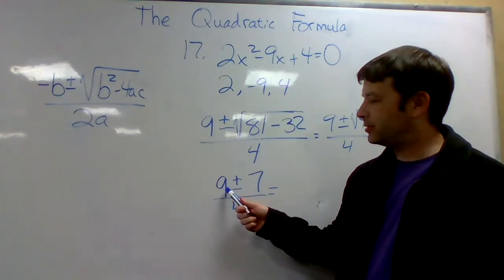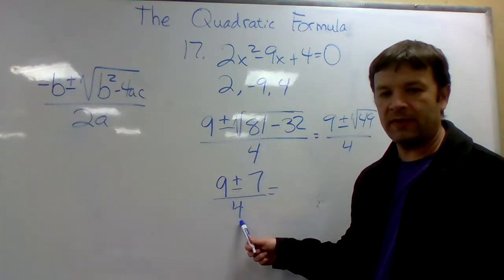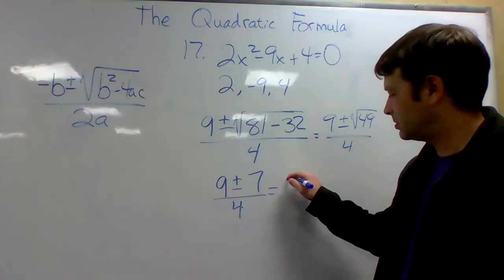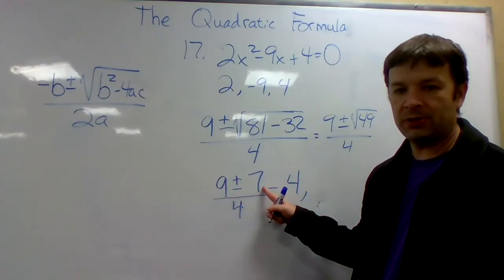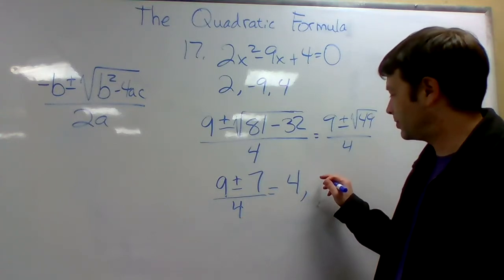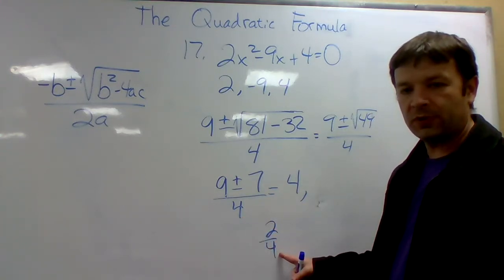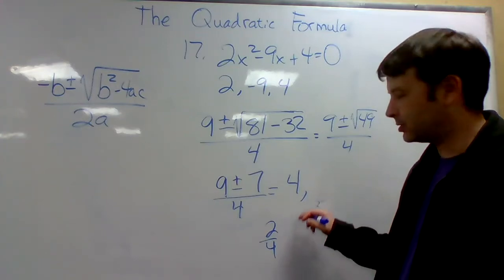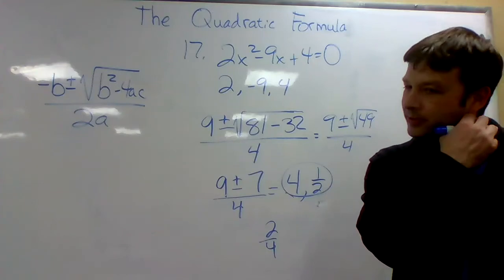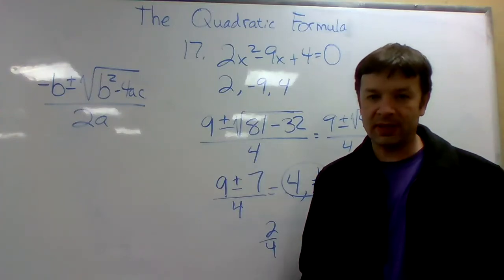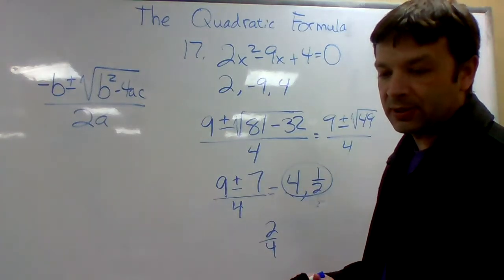Okay, so 9 plus 7 is 16 divided by 4. 4. And 9 minus 7 is 2. 2 divided by 4 is 2 fourths. But what's 2 fourths reduced to? Divided by 2 is 1/2. Okay, so actually 17 was kind of the same as the other problems. 19 is not. 19's weird.